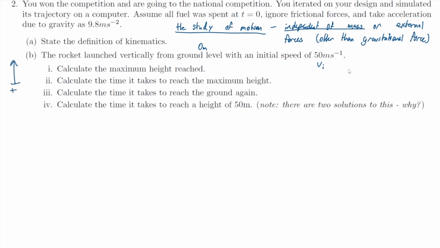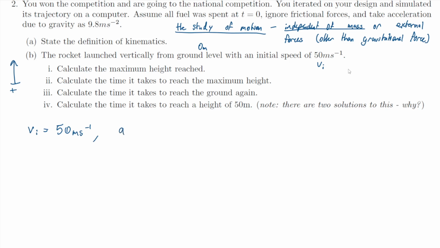So, what are we given? We are given initial speed as 50 meters per second. We're given acceleration. So in kinematics, in the vertical direction, it's often not given to you explicitly.